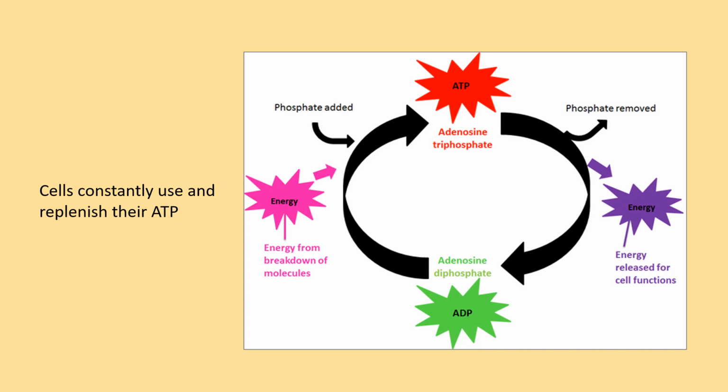And so now we're down below at our green molecule of ADP, and that molecule of ADP needs to be recycled into a new molecule of ATP. In order to move in that clockwise fashion from ADP up to ATP, we need to add energy in order to reattach a third phosphate group. That is an endergonic reaction.